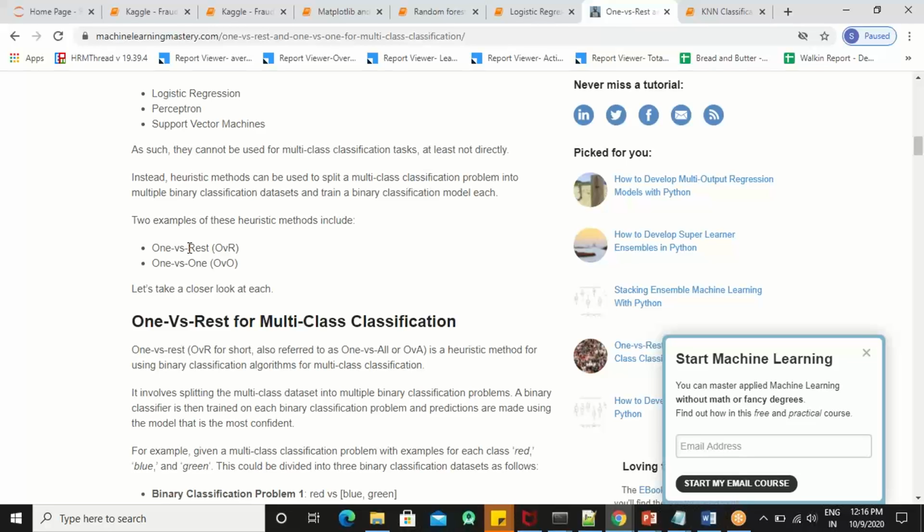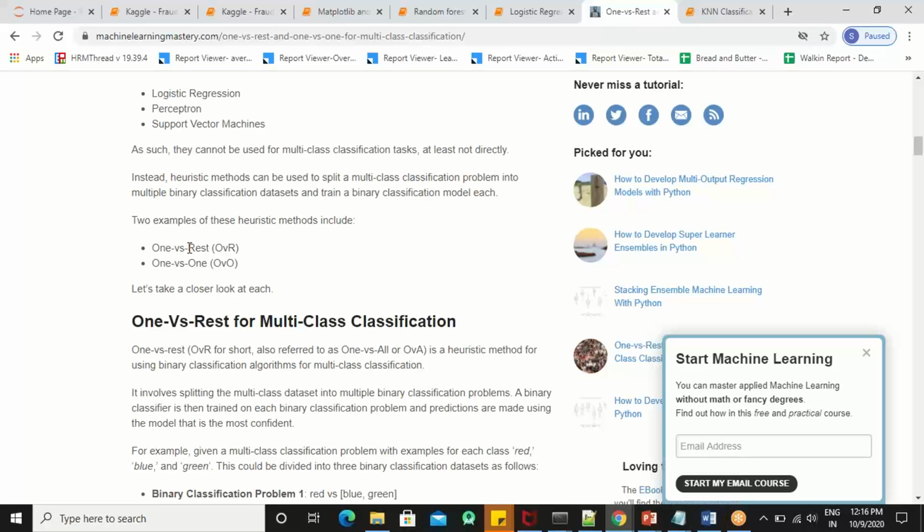Or maybe other categories you want to divide your customers into. For example, even Netflix wants to categorize their customers into certain known categories, more than 2 categories. In all such cases we go with multi-class classification.